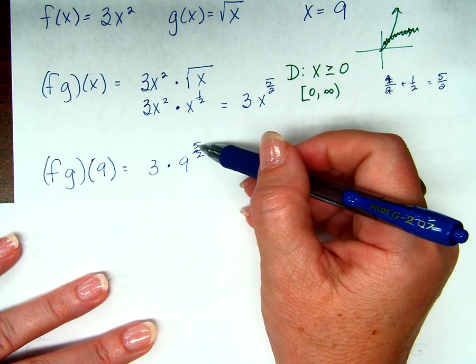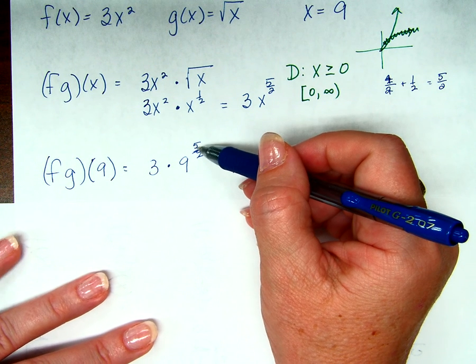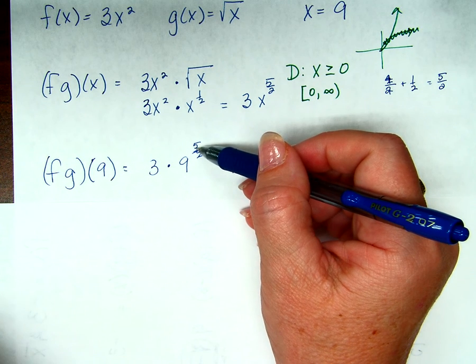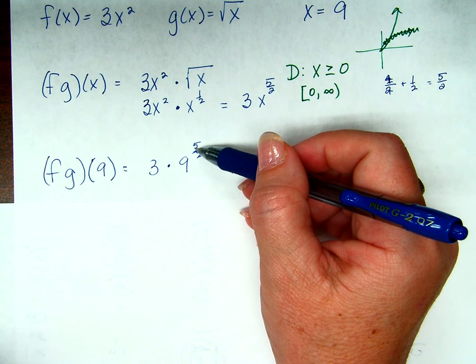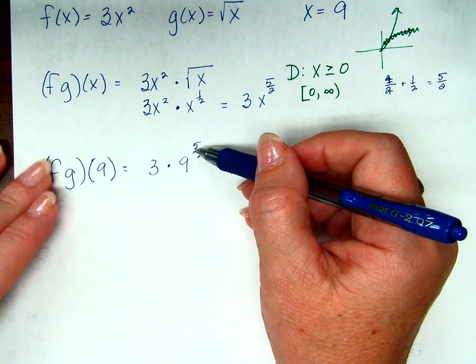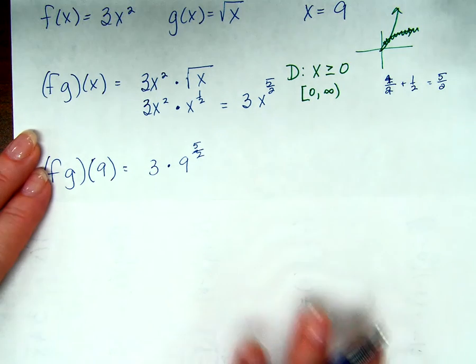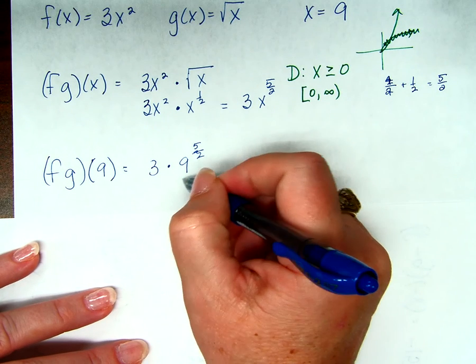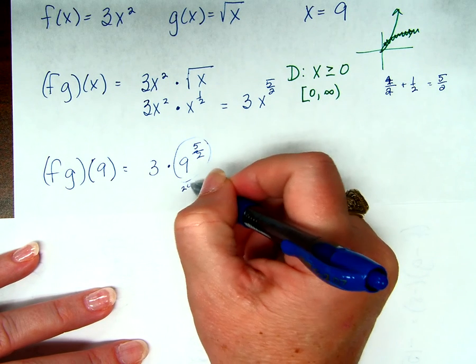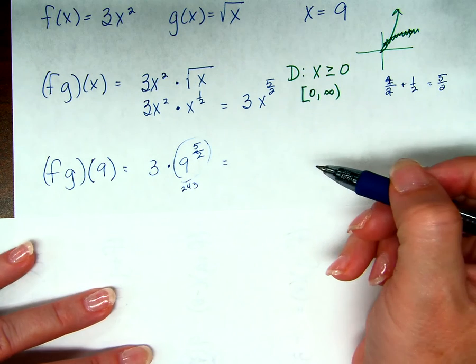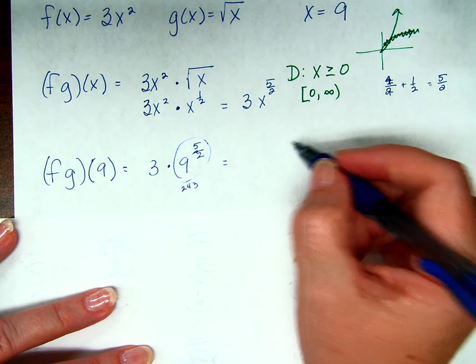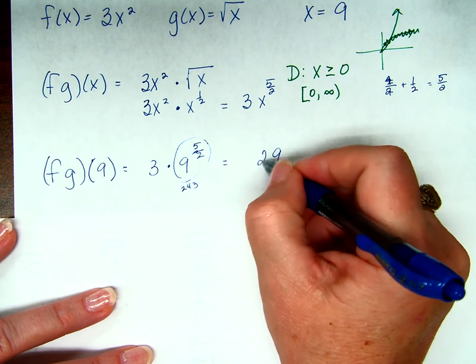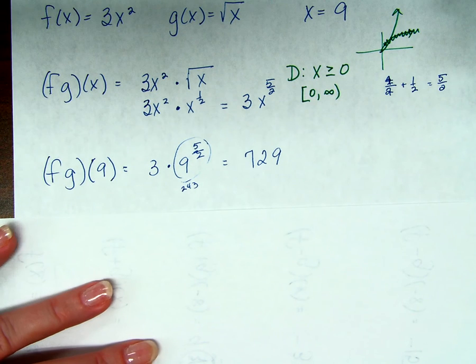What's 3 to the 5th power? Okay, I know 3 to the 4th power is 81. So if I want to get one more power, 81 times 3, 243. And then if I multiply that by 3, what do I get? 729.